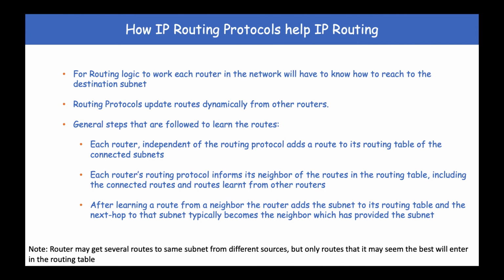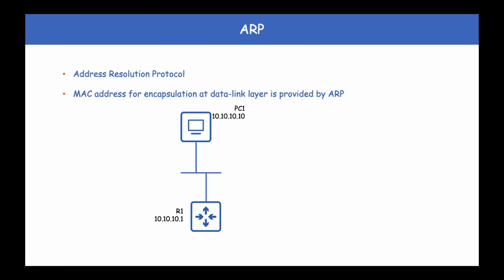A very important protocol plays a part here, that is ARP, the Address Resolution Protocol, which ties the IP address to the MAC address. For example, PC1 at 10.10.10.10 wants to connect to router 1, that is 10.10.10.1.